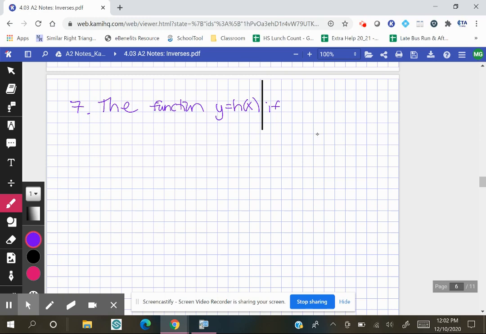The function y equals h of x is graphed below. I want you guys to sketch a graph of y equals h inverse of x. And you can use a table if that helps you too.